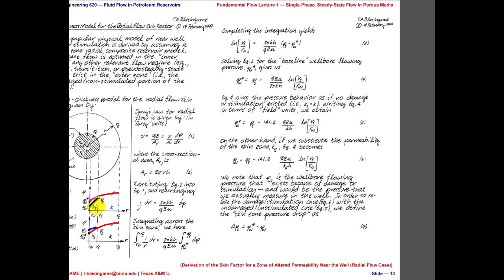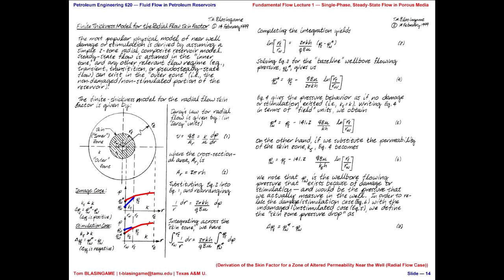So if the permeability inside is lower than the permeability outside, then the pressure drop will be greater, right? If the permeability inside is better than the permeability outside, then the pressure drop will be less, right? What's the absolute best case for this model? Class? And what would that be caused by?